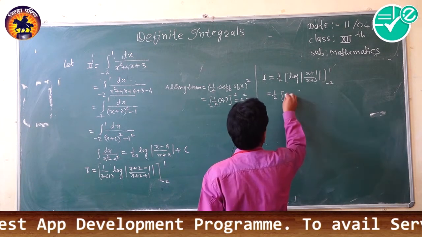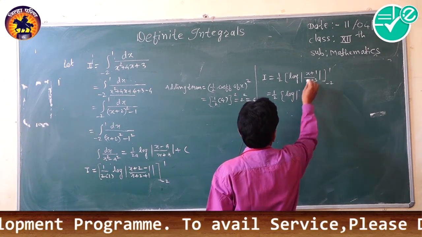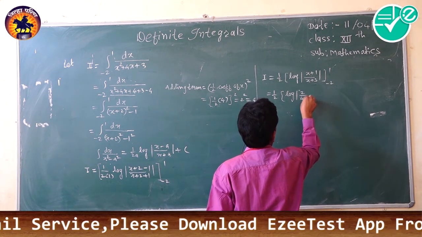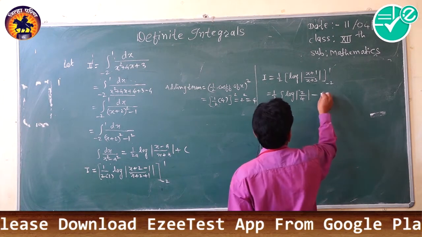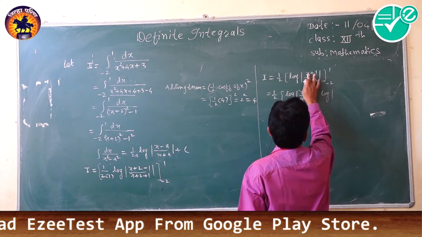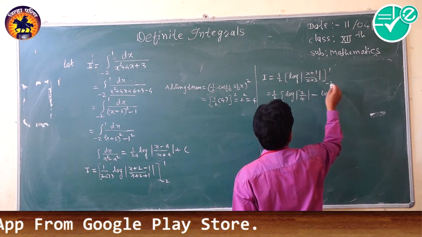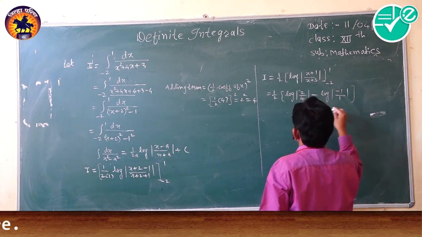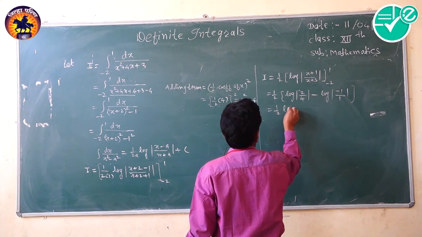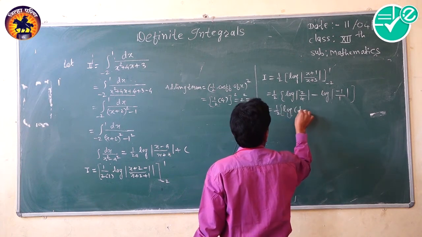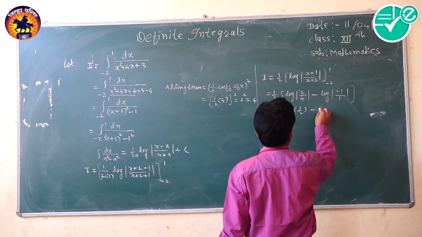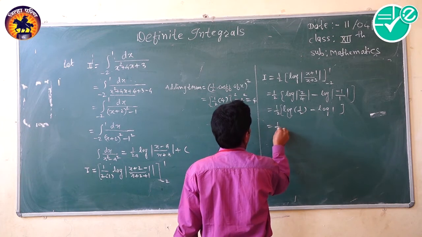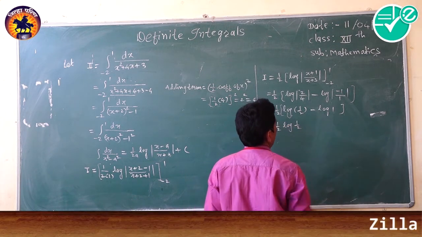Now upper limit is log of 1 plus 1, that is 2, divided by 1 plus 3 is 4, minus lower limit is log of modulus x, putting the value of x as minus 2, minus 2 plus 1 is minus 1 upon plus 1, and this is nothing but 1 by 2 log of 1 by 2 minus log of 1, and that is 1 by 2 log of 1 by 2.